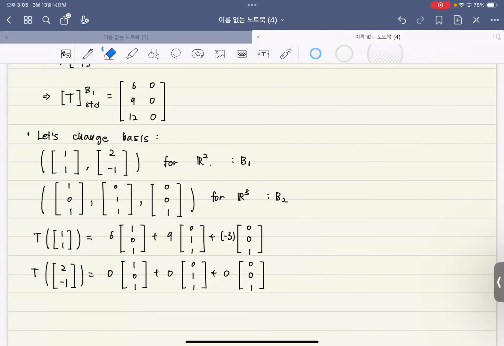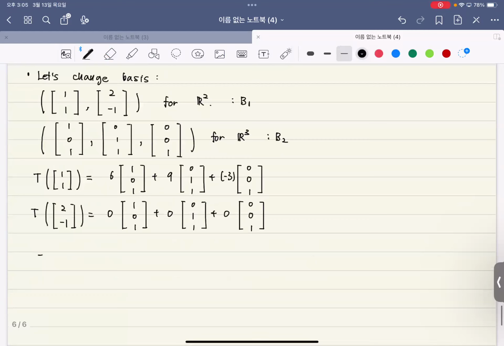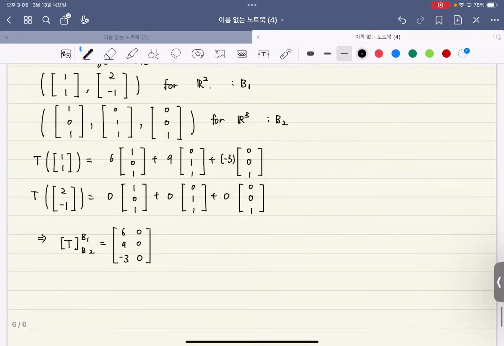Yeah. Okay. So the matrix representation of this linear transformation is 6, 9, -3, and 0, 0, 0. So this is a matrix representation with respect to these two bases.